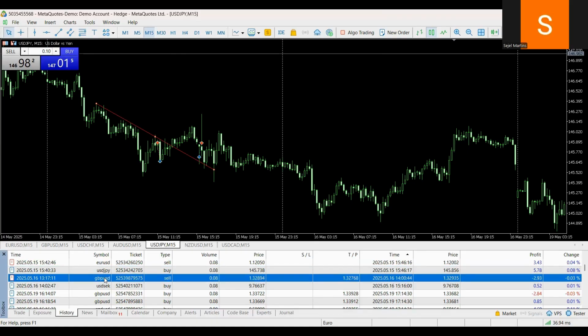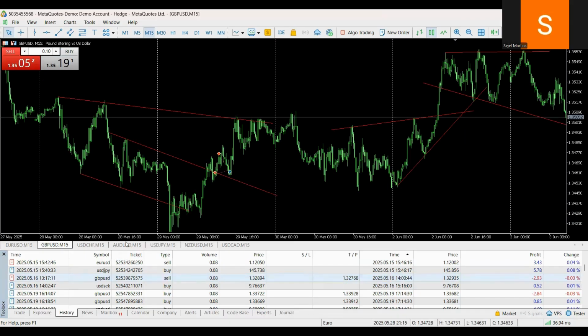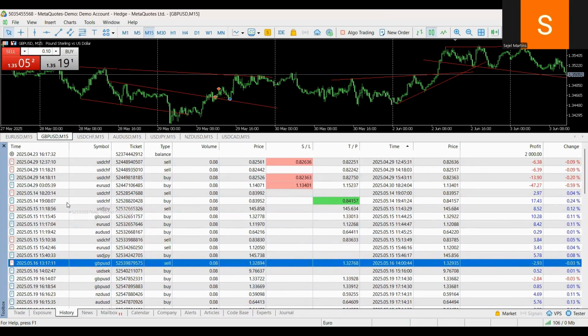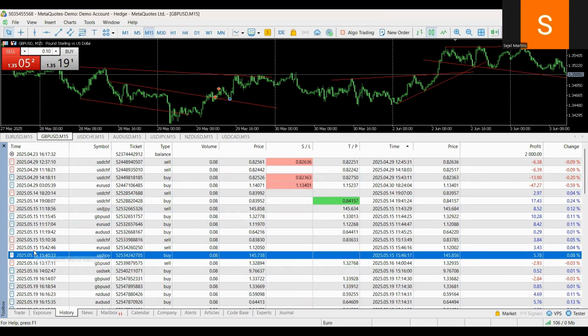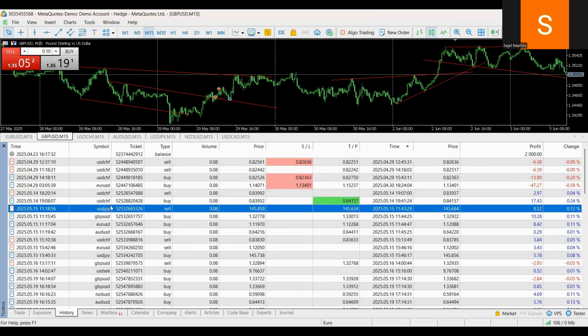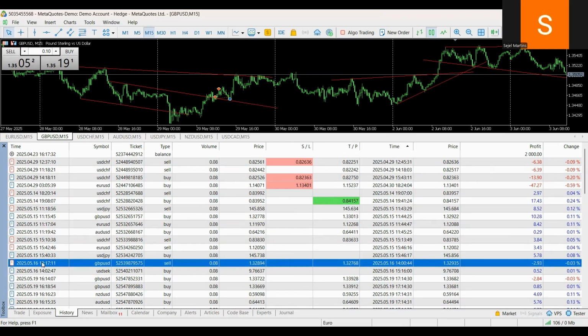So let's go to GBP USD. This is on 16. As you can see, most of these trades were on the same date. One, two, three, four, five, six, seven trades, like 100% accuracy for the day.